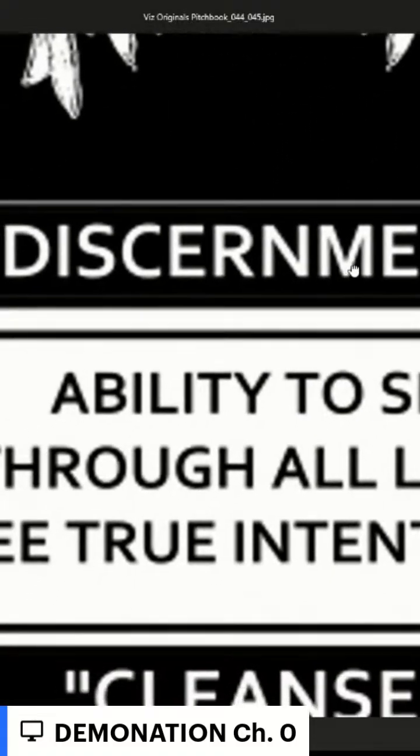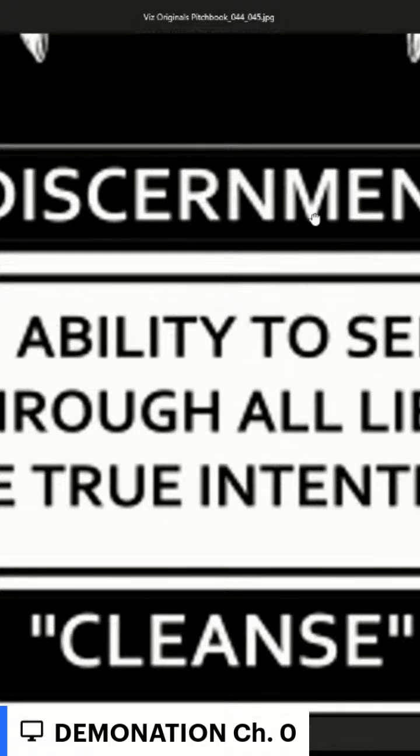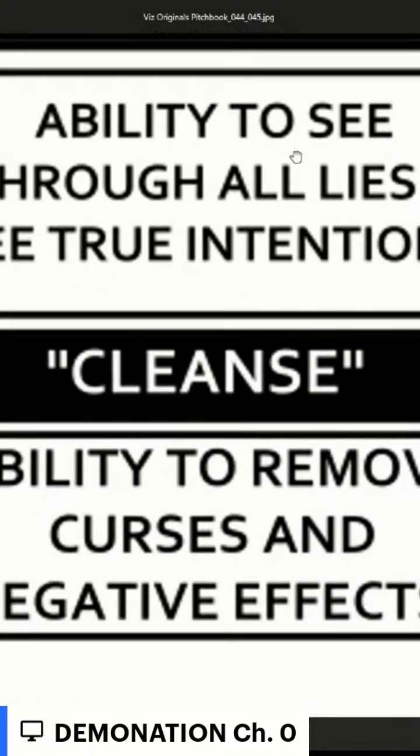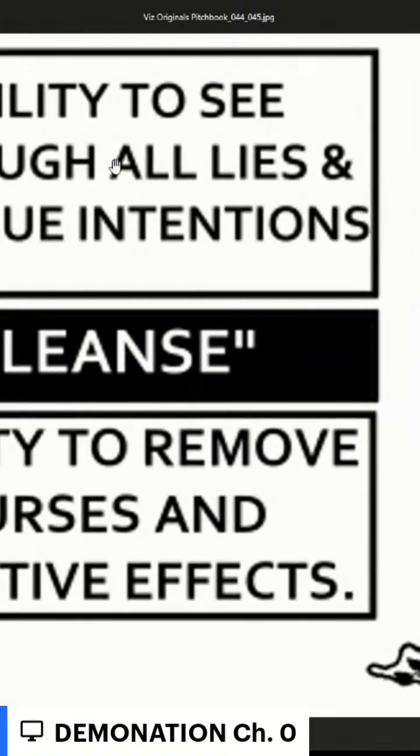What that means is that they have the ability to see through all lies and see the true intentions. They also have another ability called cleanse, which means they have the ability to remove curses and negative effects, sort of like an exorcism ability, basically. The Nen exorcists in Hunter x Hunter, something like that. They can remove a curse using that.